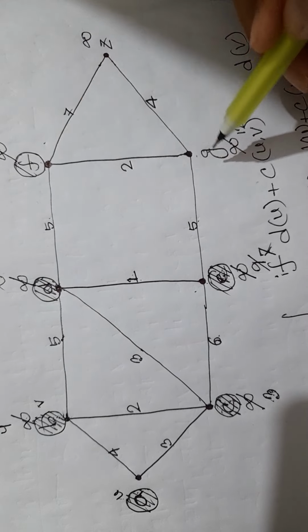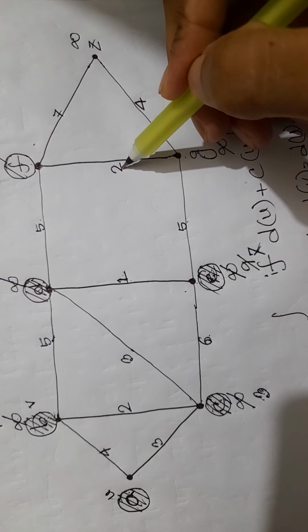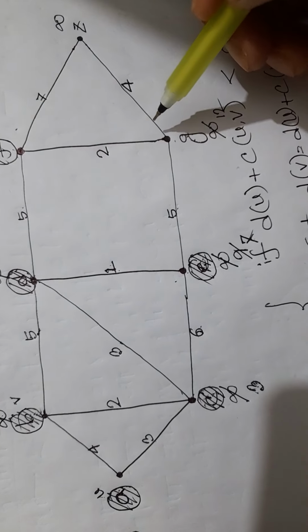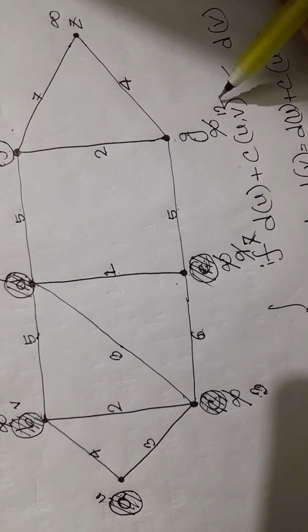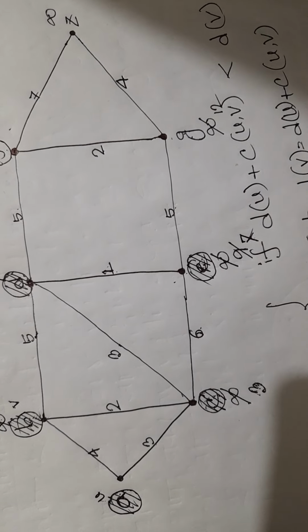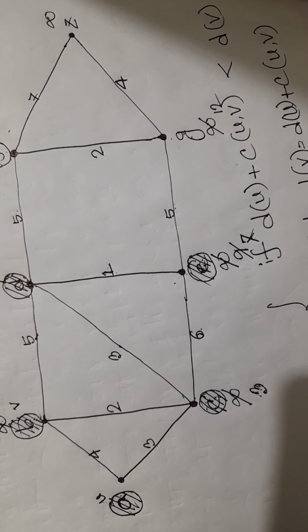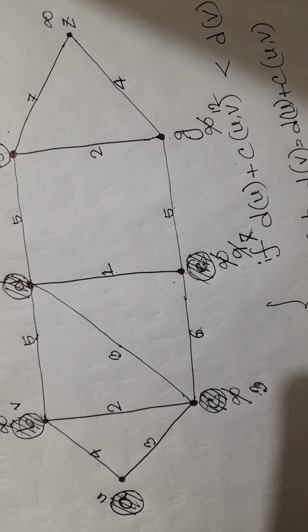The cost of F to G equals 2. So the value is 11 plus 2 equals 13. 13 is greater than 12, so we need not update the distance of G.